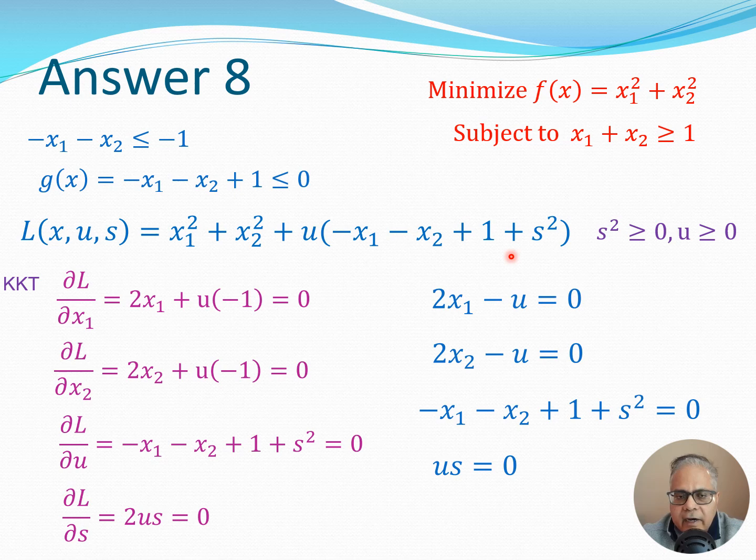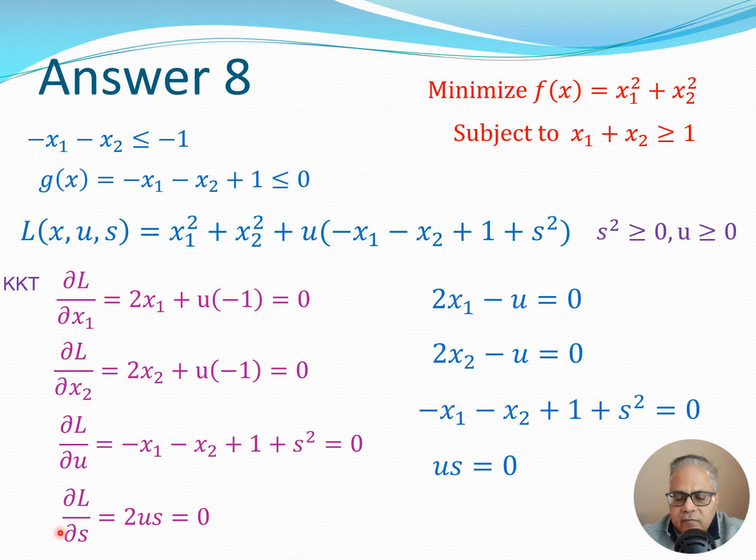When I add this, I essentially am converting the inequality constraint to an equality constraint. Now, when I form this kind of Lagrange function, there are two things I need to keep in mind. One is that s square should always be greater than or equal to 0, which of course comes from the fact that we have picked s square itself. And also u should be greater than or equal to 0, so the Lagrange multipliers for the inequality constraint should be greater than or equal to 0.